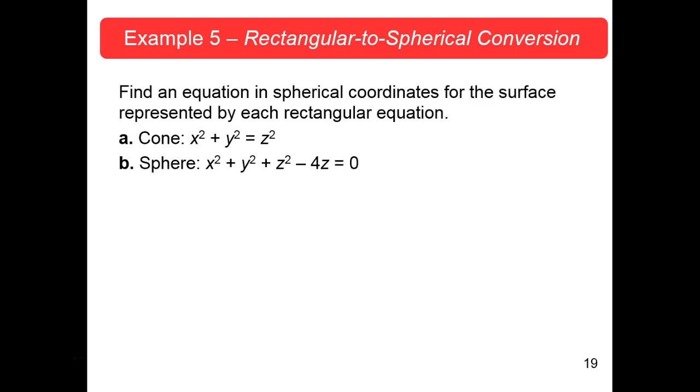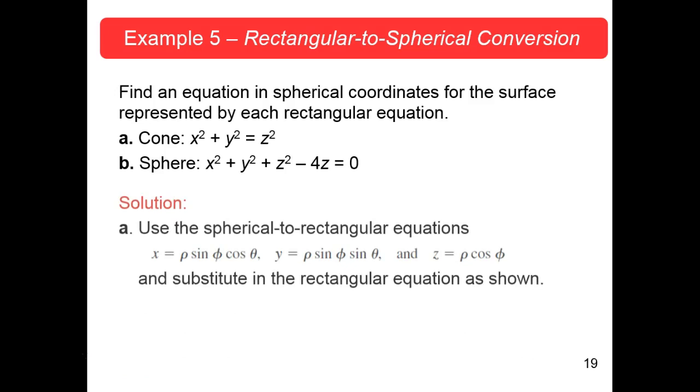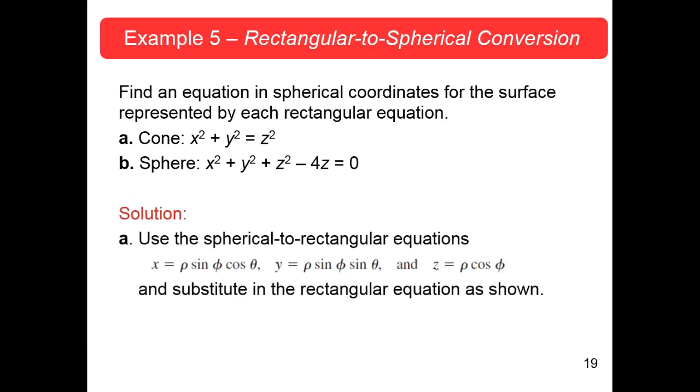I'll just show you how they did it, to keep from spending too much time. Of course, this is going to be rho squared. This one would be fairly easy. Using the spherical to rectangular equations, which are fairly complex but fairly straightforward.